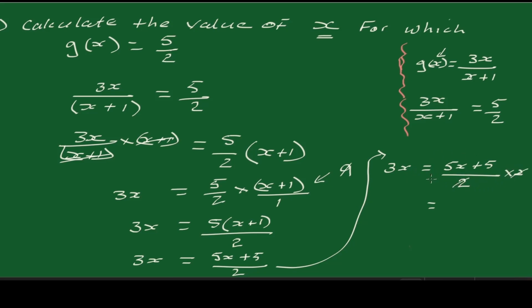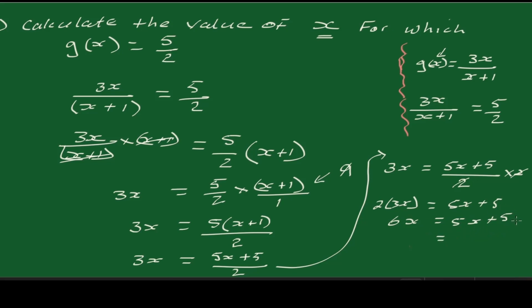Again, when you're doing a function question, you must be very proficient in answering equations. So both sides multiplied by 2, so it's 2 by 3x equal 5x plus 5. 2 3s give me 6x equal 5x plus 5. Now I need to make x the subject of the formula because I'm solving for x.